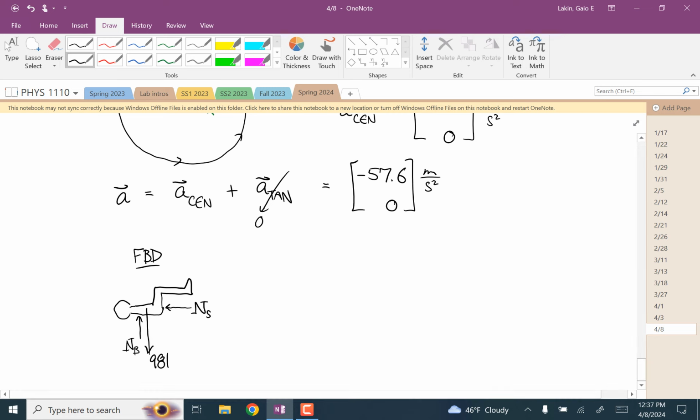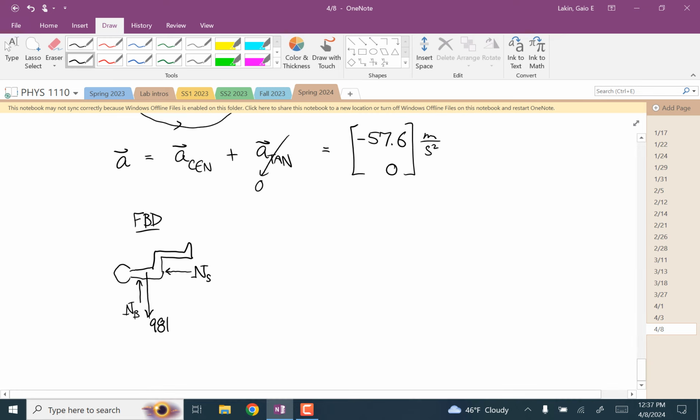And now we've dealt with all the contact forces. So now we can go to Newton's second law. That N_B is in the positive y direction. N_S is in the negative x direction.